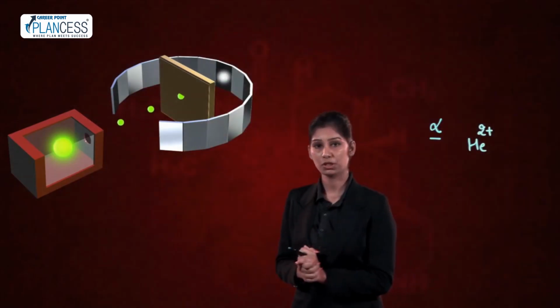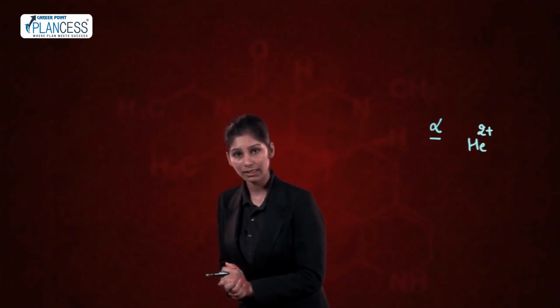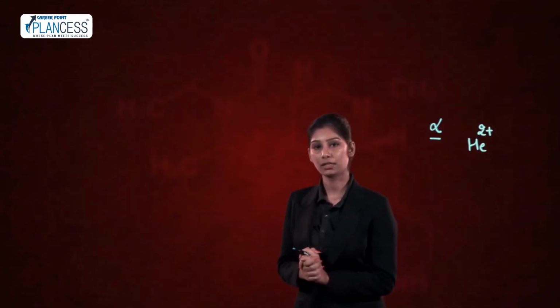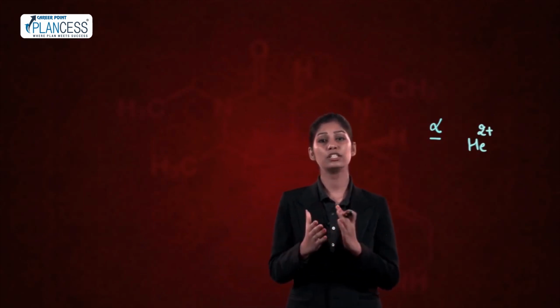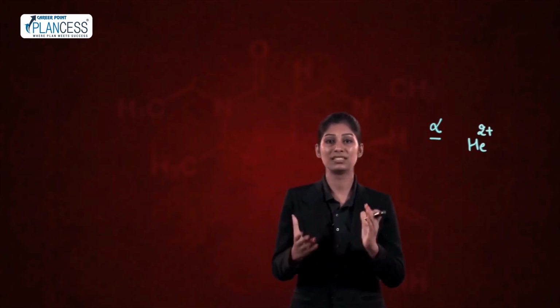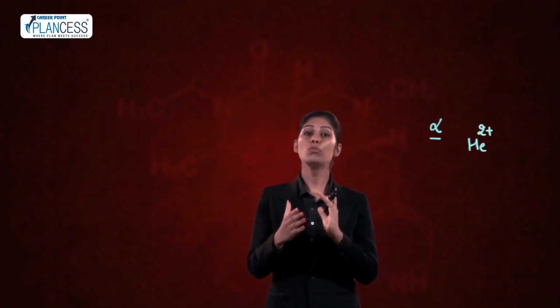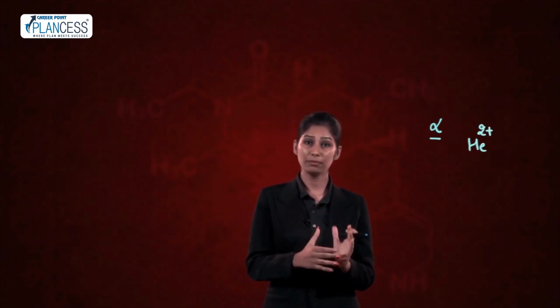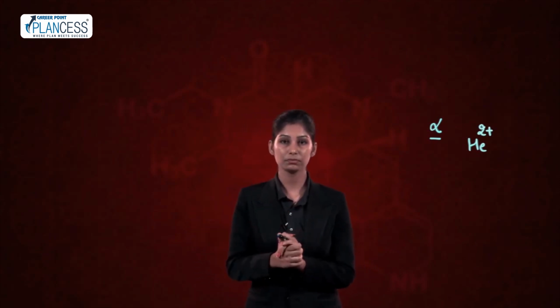From these observations, he concluded that the positive mass of the atom must be concentrated in a very small area, as most of the particles didn't show any deflection, which means that most of the atom was empty. That's why the particles didn't reflect back. Most of the atom space was empty, as we just discussed. The electrons revolve around the nucleus in orbits.